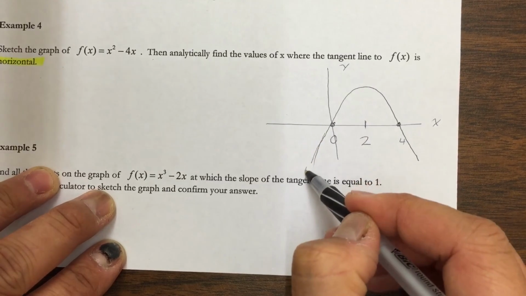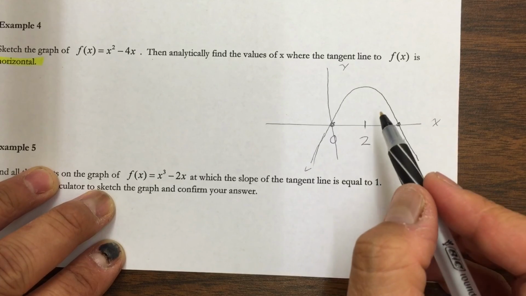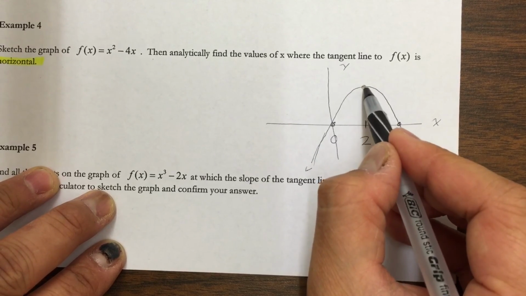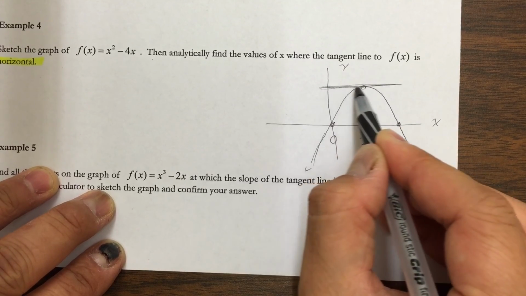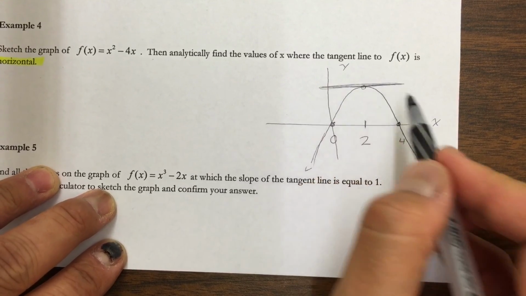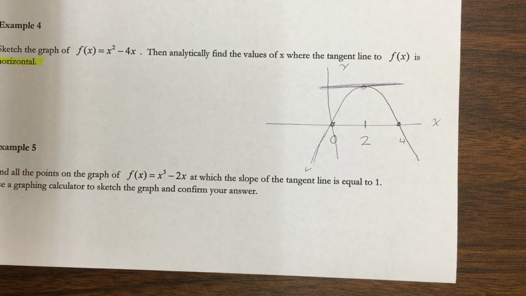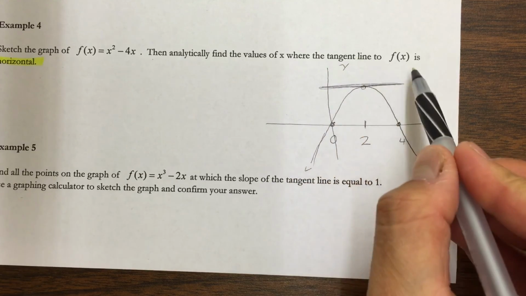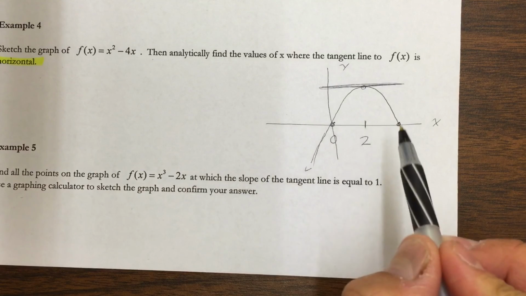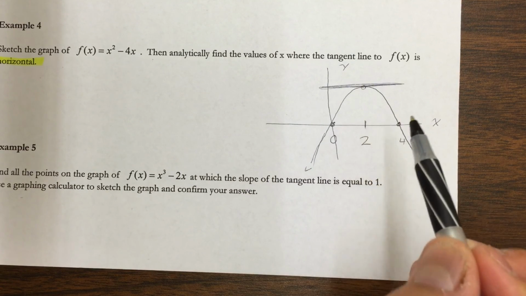And if you look clearly, at 2 is where the tangent line is horizontal to the x-axis. To answer this question with a graph, we can say that the x value where the tangent line is horizontal is at x equals 2.